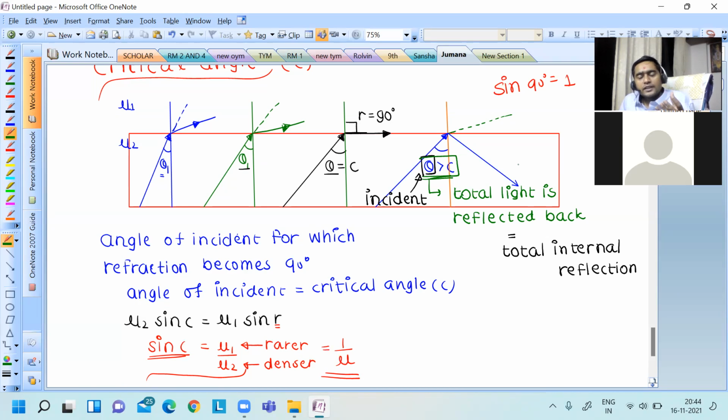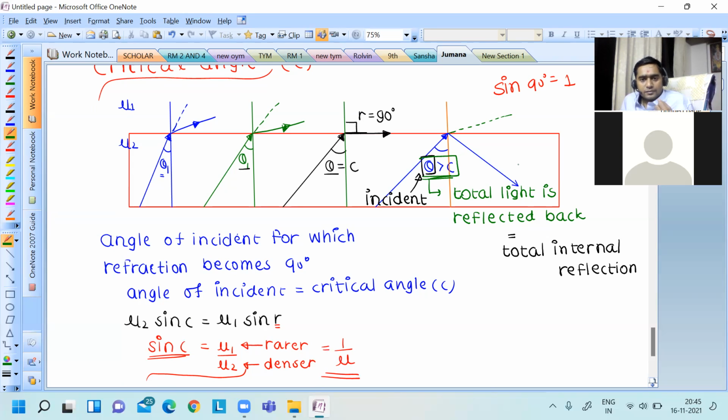But the light which moves inside the diamond will never come out. Since it never comes out, it is called total internal reflection. Otherwise, for certain angles, only a few percent of the light reflects back from the surface of the diamond, and the light that enters the diamond never comes back. That's why a diamond always has a sparkling effect, just like stars.